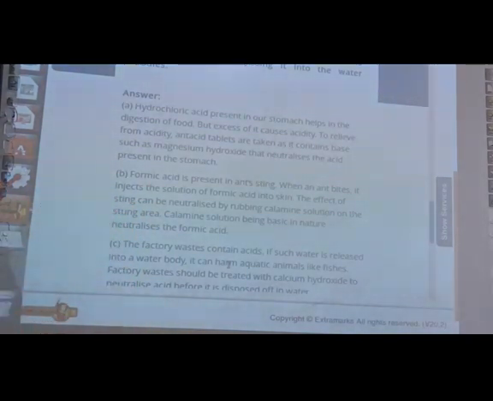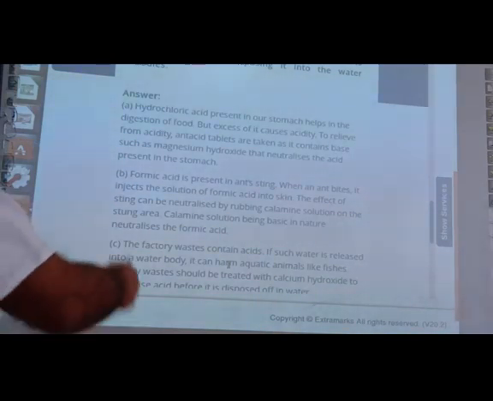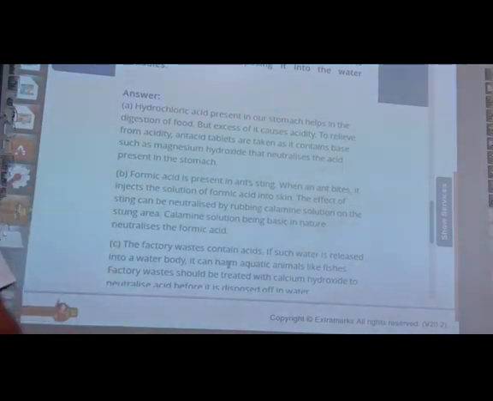These substances are basic in nature. They should be rubbed on the skin so that the effect of formic acid which has been injected into our body can be neutralized. Okay, so calamine solution is applied, already it is written.